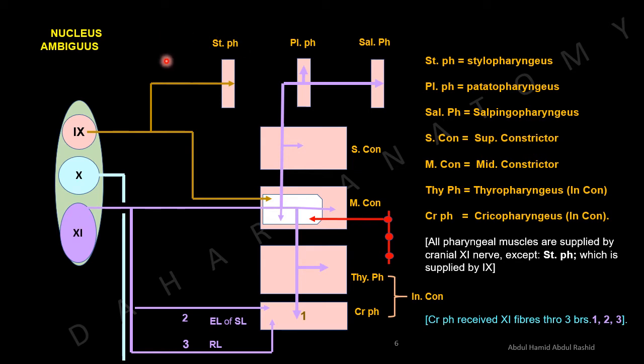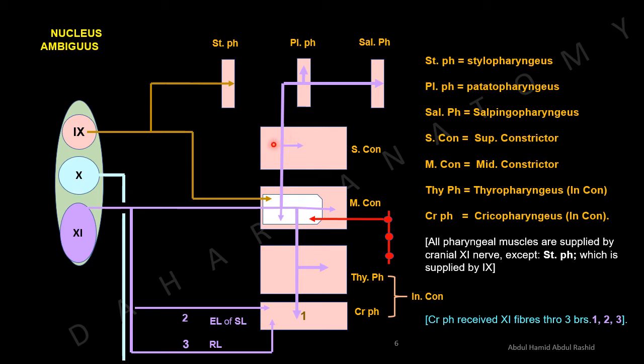Now we are going to show the muscles of the pharynx. We have three longitudinal muscles. This is stylopharyngeus coming from the styloid process, palatopharyngeus coming from the palate, and salpingopharyngeus coming from the auditory tube. And we have three circular, that is constrictor, muscles.